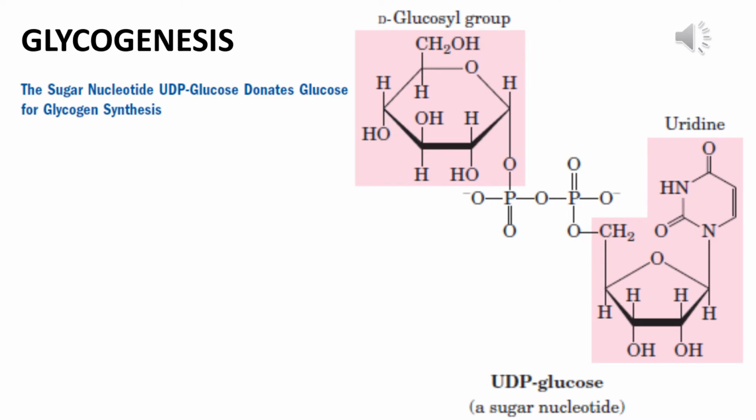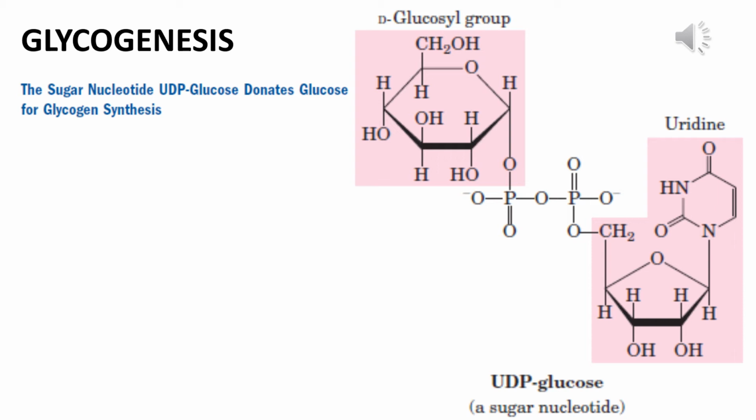During the synthesis of glycogen, the glycogen synthase enzyme or glycogenin itself accepts glucose from a donor, from a high energy donor only. The donor is always UDP glucose. What is the structure of UDP glucose? Look at the figure. It consists of a uracil. You have heard of the same nucleotide in RNA also.